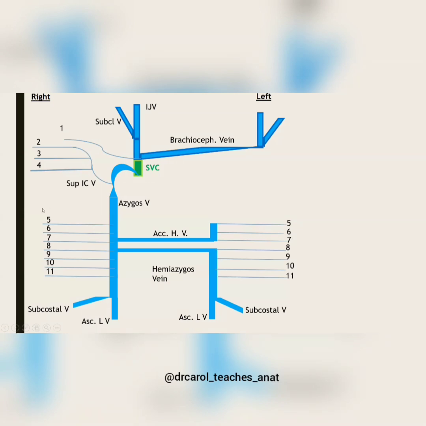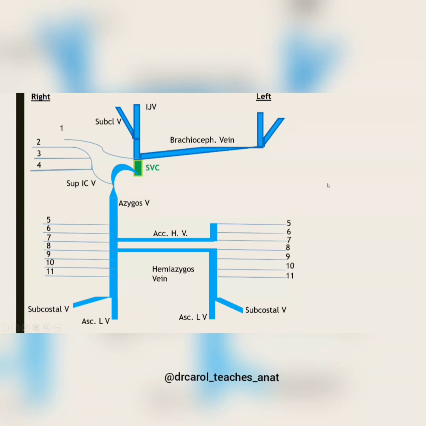So for the right side, you have to remember posterior intercostal veins 5 to 11 all will drain into the azygos vein. Whereas on the left side, posterior intercostal veins 8 to 11 drain into the hemiazygos vein, whereas 5 to 7 drain into the accessory hemiazygos vein.